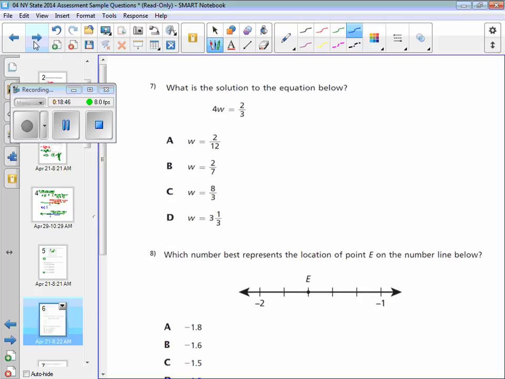So we have 4 times, they're going to give me the value for W, equals 2/3. So I'm going to take 2/12 first and put it in. I have to do something with this 4. To multiply it as a fraction, what do I need to do? 4 over 1. Same thing, look for opportunities to cross-reduce. Do you see it anywhere?